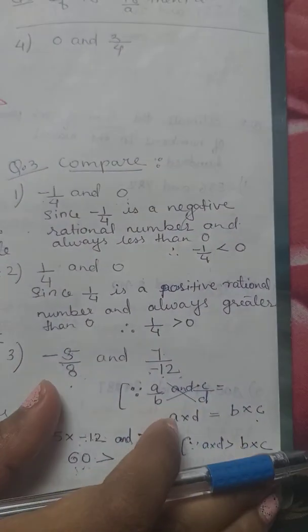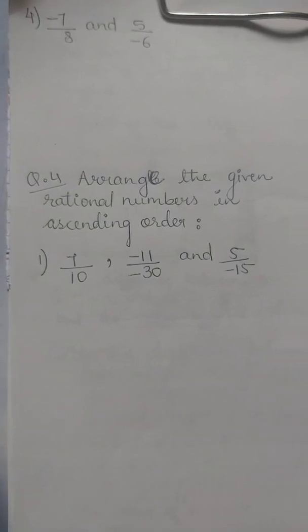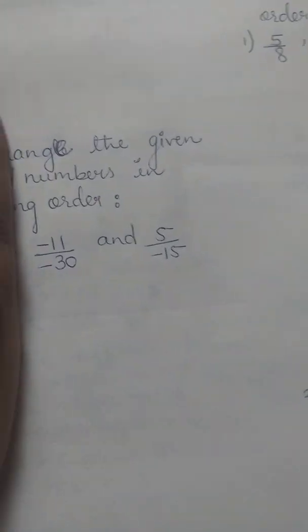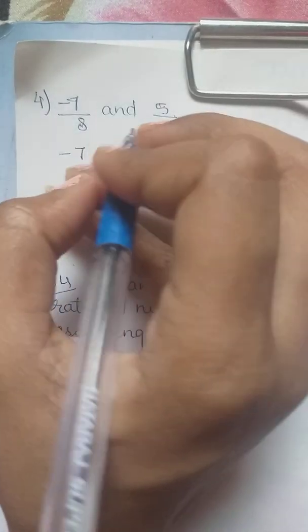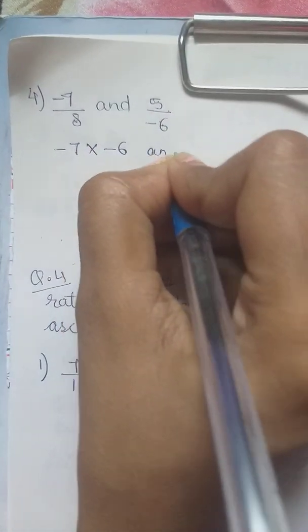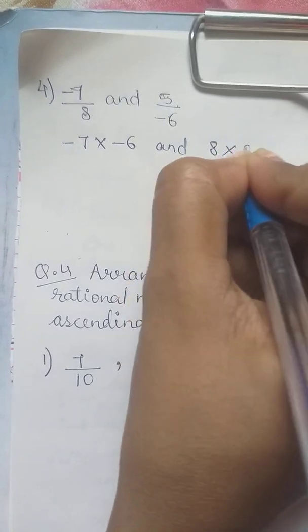Okay, now the same sum I'm making you write. I'll solve one step and the next you have to do. A by B, C by D, A by D and B by C. You have to multiply 7 by minus 6 and 8 by 5.